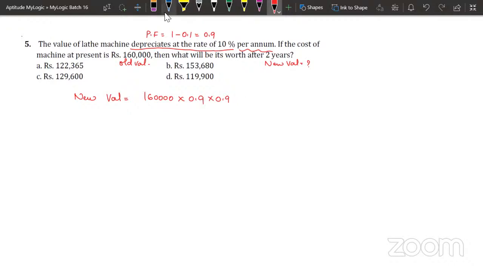So this is one of the notes that you have to know. If the same percentage change is applied multiple times, then multiply it that many number of times. Percentage factor power n means this percentage factor is applied n times.